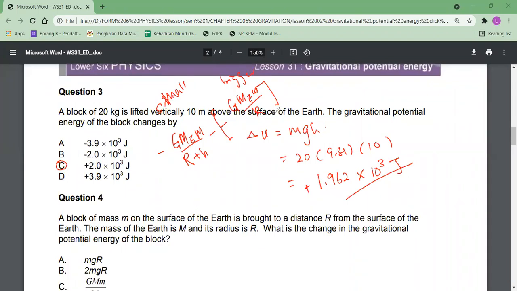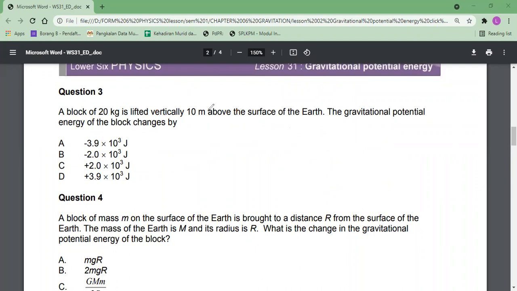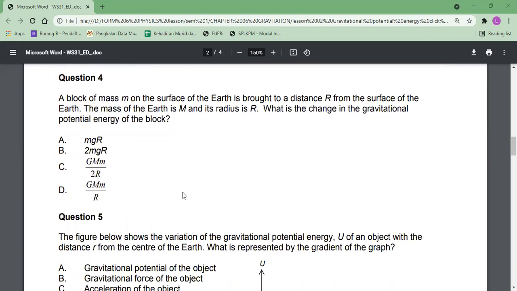Okay, let's move to question number 4. A block of mass m on the surface of the Earth is brought to a distance of r from the surface of the Earth.